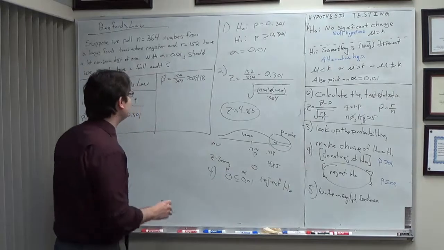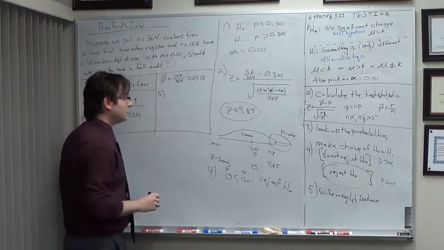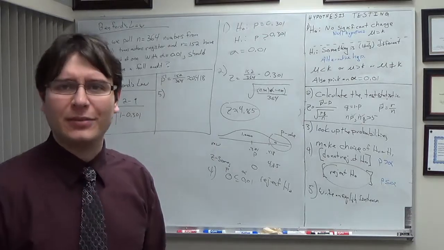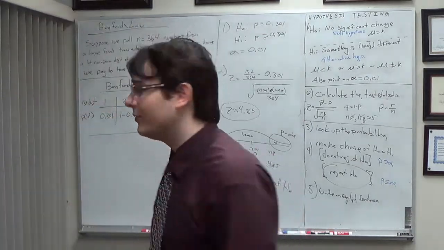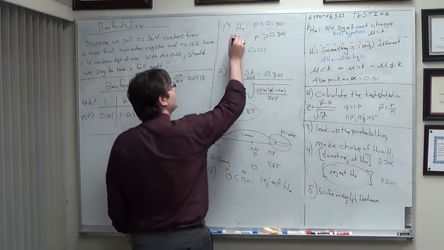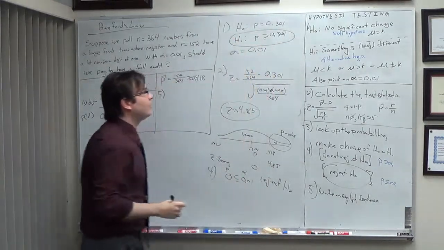And now it's time to translate this into English, step 5, which I always kind of like to write up here because maybe this is part of the action item that I would give a client if we were doing this in real life. We've chosen to reject the null hypothesis. That means we've chosen to go with the alternative hypothesis.